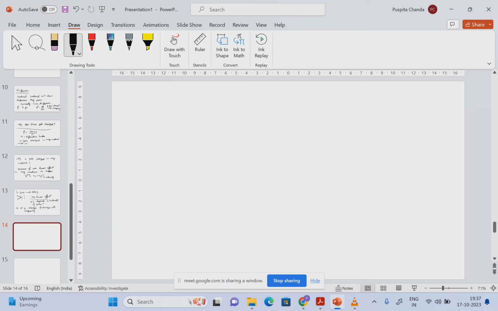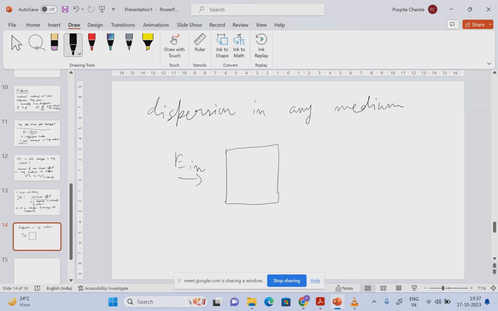So in any medium, this is the input electric field, and E out is the output electric field, and it will be E out equals E in times e to the minus i phi omega.